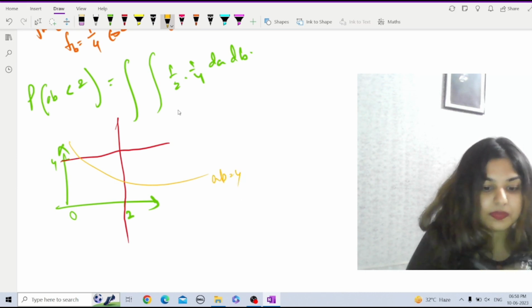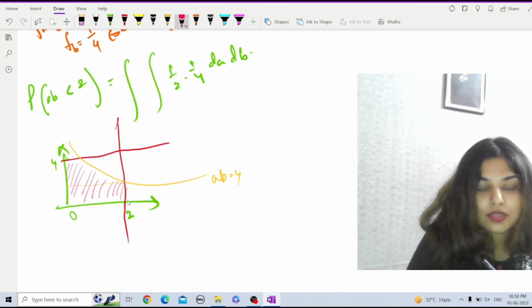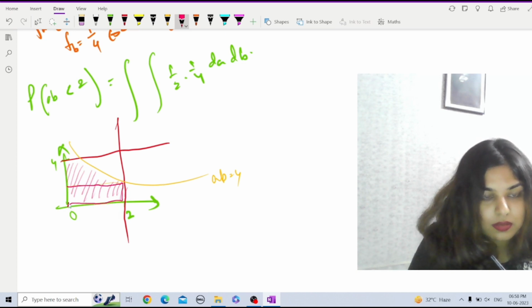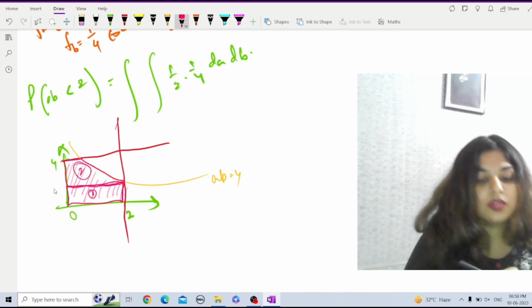Within the boundary region, here we have an intersecting line. Basically, we have to find this whole region. Let me shade it for you. This whole region is divided into two parts: one is this part, another one is the part above. So this is region 1, this is region 2.